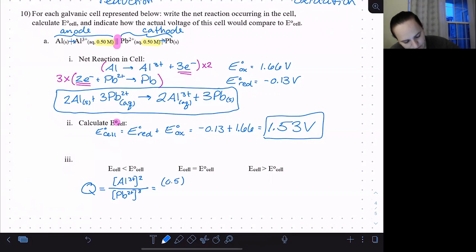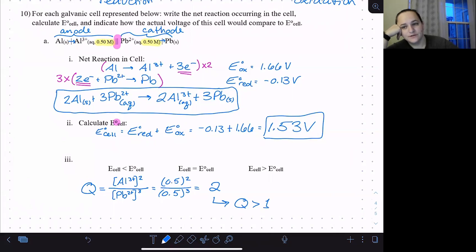And both of these concentrations were given as 0.5. So we have 0.5 squared over 0.5 cubed, which is the same as 1 over 0.5, which is equal to 2. So what this is telling us is that Q is larger than it is in a standard cell.